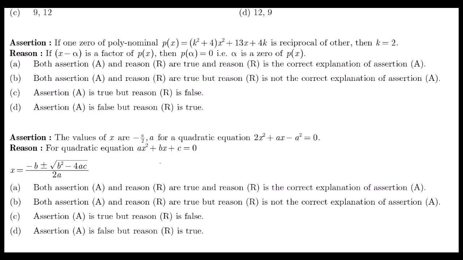Now this question is from the polynomial chapter. We are given a polynomial p(x) equal to (k square plus 4) x square plus 13x plus 4k. What is the condition given? One zero of the polynomial is the reciprocal of the other. That means alpha and beta are the two zeros, so instead of beta we have to take 1 by alpha.